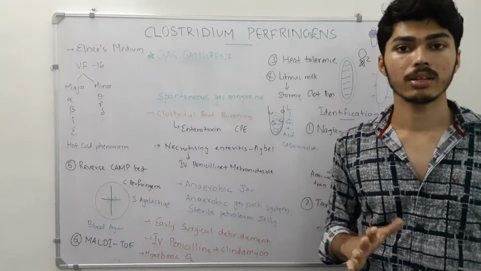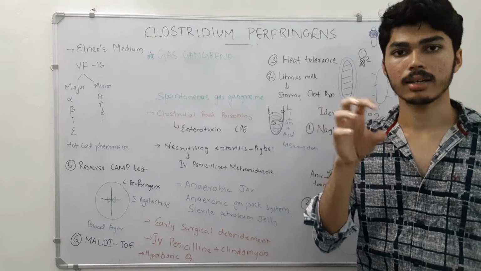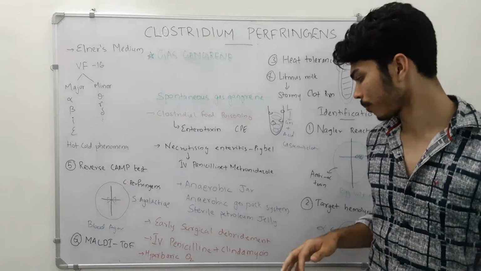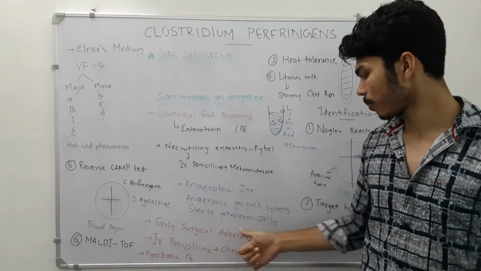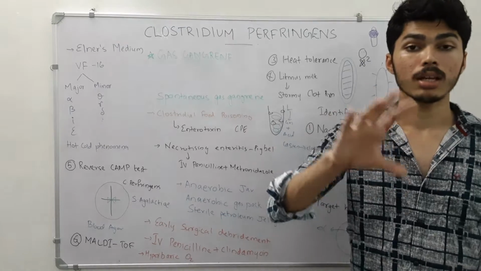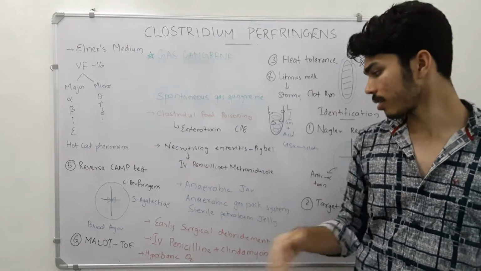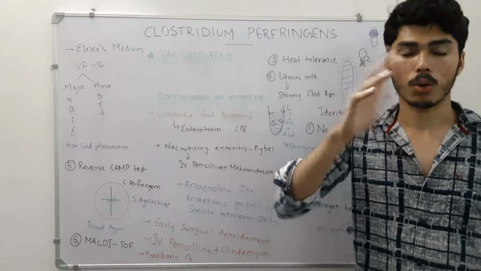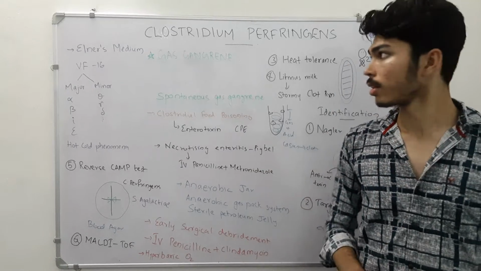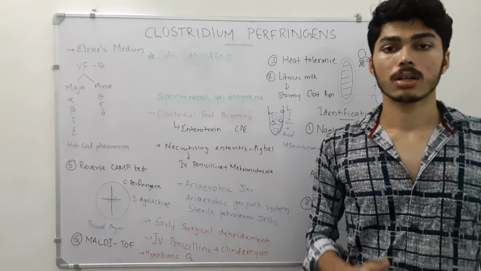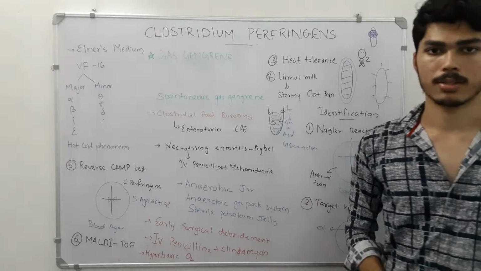That is how we identify whether inside it is anaerobic or not. Then we can also use sterile petroleum jelly. Even above the culture medium, we can add sterile petroleum jelly so that oxygen diffusion is not there. So that is all about Clostridium perfringens.